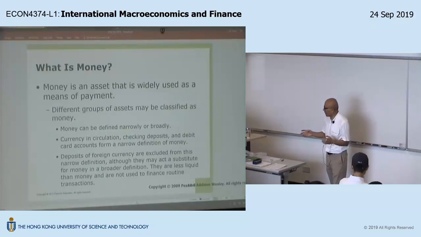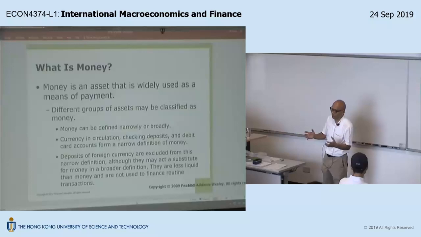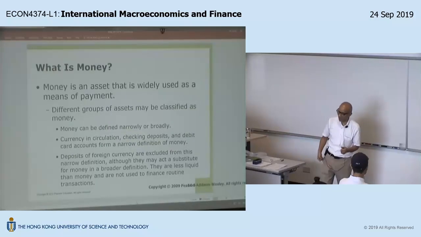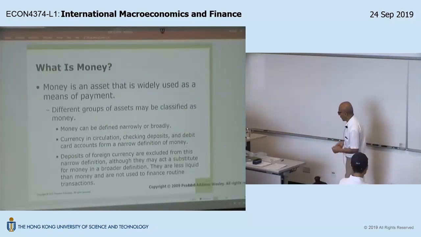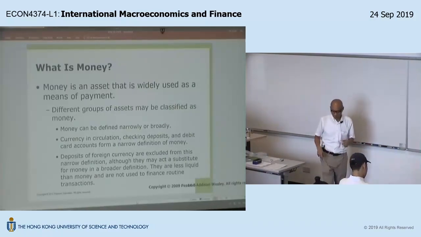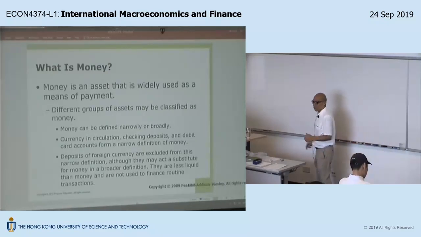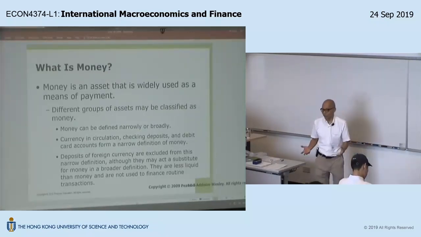So if you have cash, then cash is the most liquid form, right? You're holding this cash. That's the most liquid. But there are other forms that are slightly less liquid. Let's say you have money in a savings account.